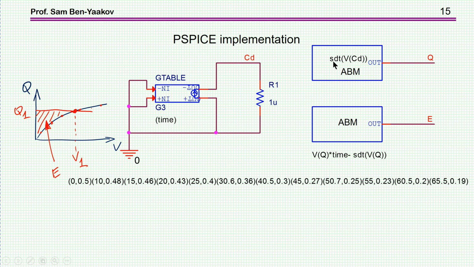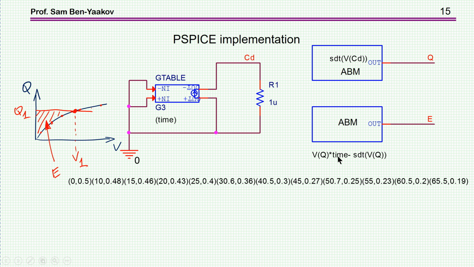Now we can use the SDT, an operator that PSPICE has, and just get the integral of this thing, starting with no initial condition, everything starts from 0, and I'll get here Q. And now I'll take this Q and use it in order to get this area.